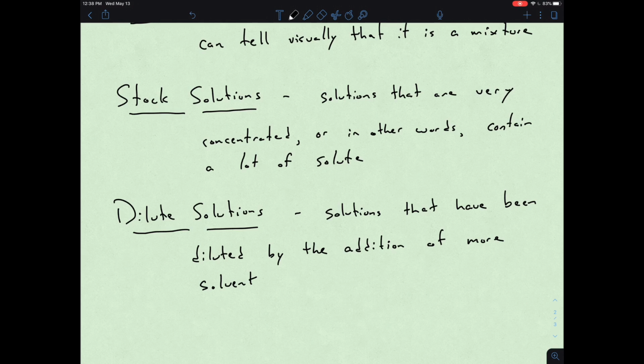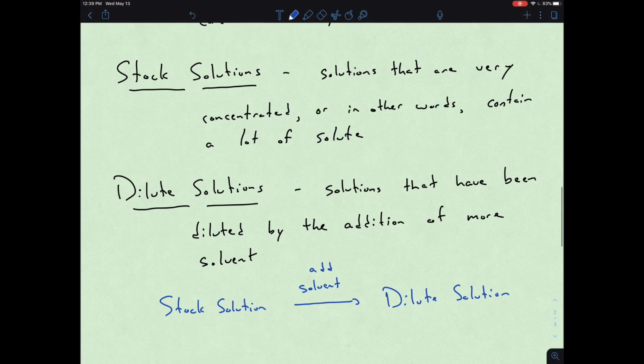So if you take a stock solution and you add solvent, you now make a dilute solution. So there's a couple terms. We'll talk about some more terms as we go through. But that's kind of the beginning of this idea of solution chemistry.